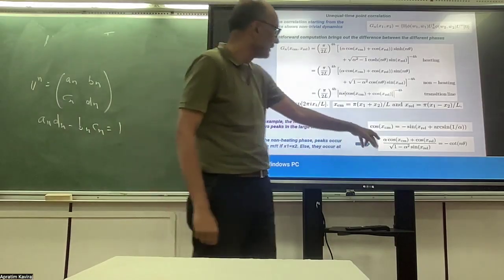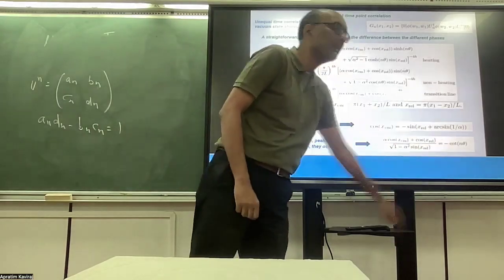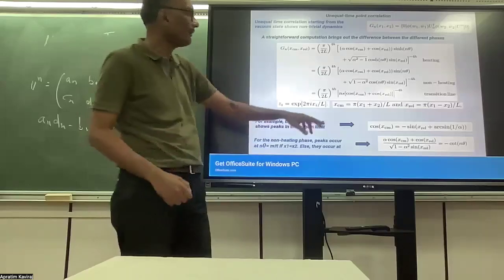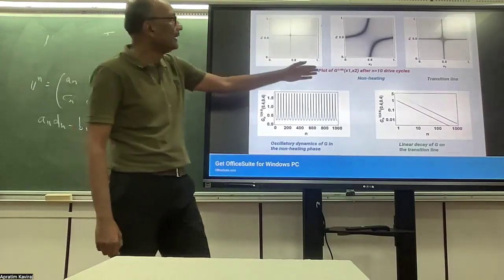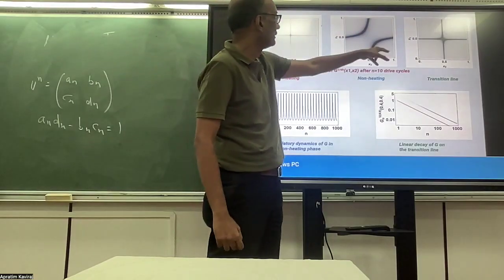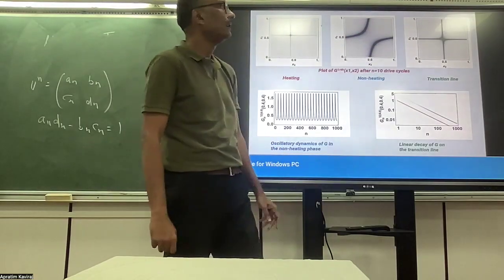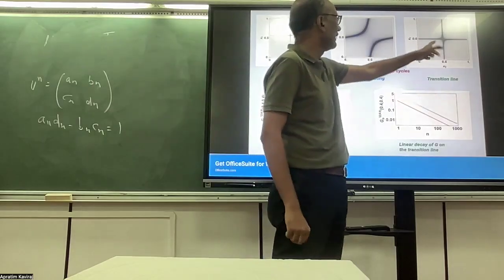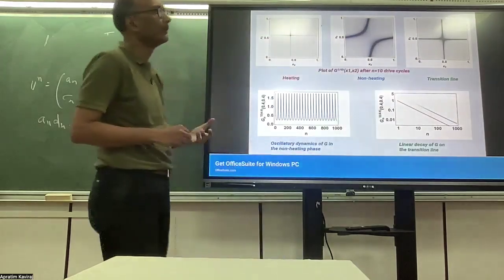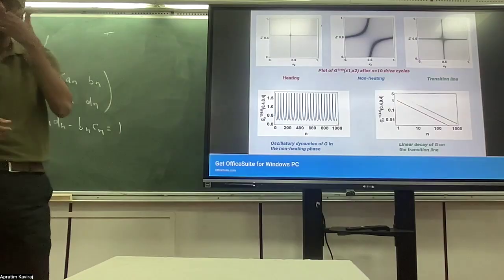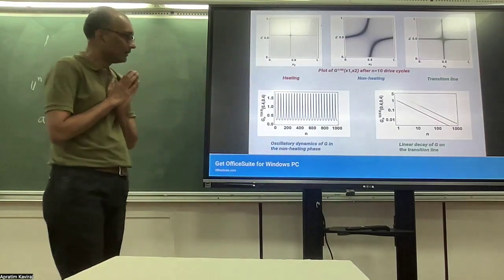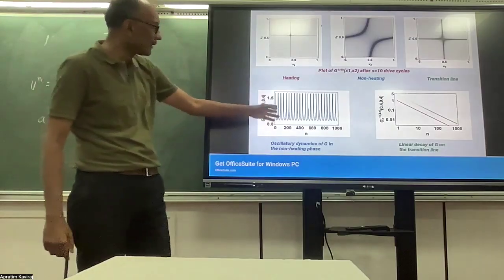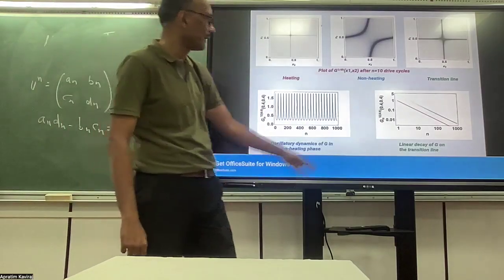Otherwise, for a generic case, they are going to blow up if this quantity is satisfied. So this is the heating phase. This would be the blow up in the non-heating phase. And for the transition line, they only blow up when x1 is equal to x2 or minus x2, and that's the line circle. Also the response is oscillatory in the non-heating phase, and it's a linear decay on the transition line.